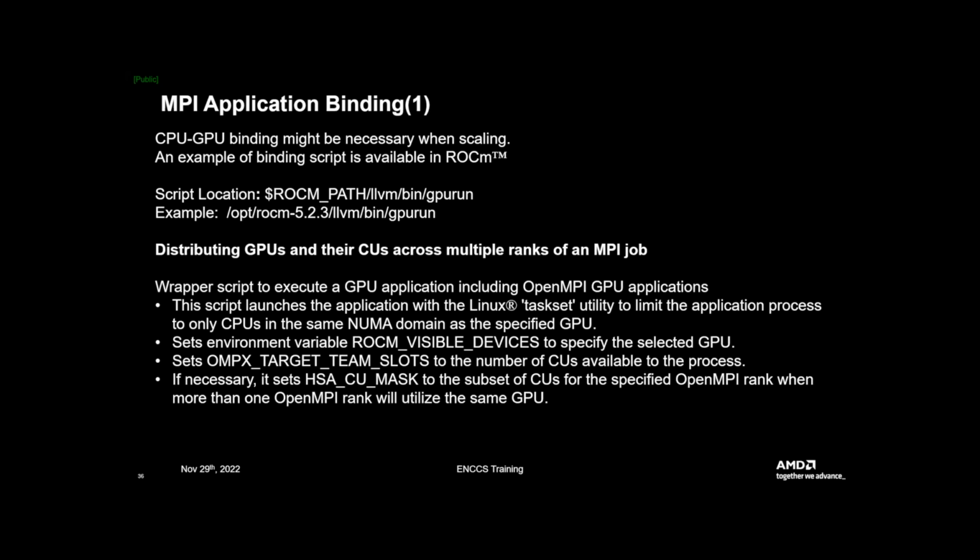You have all these commands there, and you can use available utilities for that. And if you are not happy with this gpurun script, then you can still use it to build your own binding script and run it with your application.